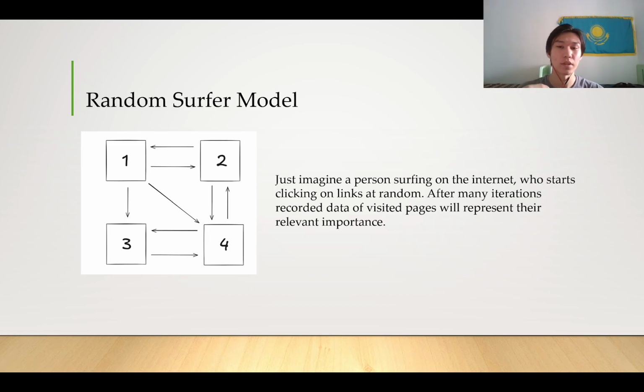For example, I'm a surfer and I can start from any page on this network. For example, I can start from the third web page, and then the only way I can redirect to another page is to go from the third page to the fourth, and then I randomly go to second, first, fourth, third, again to the first, and then it continues itself many times.